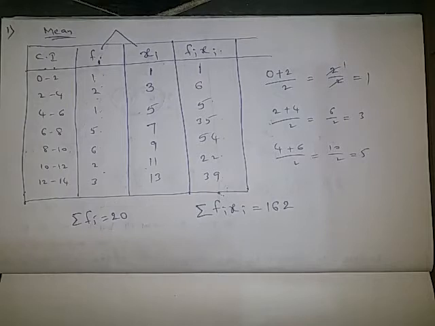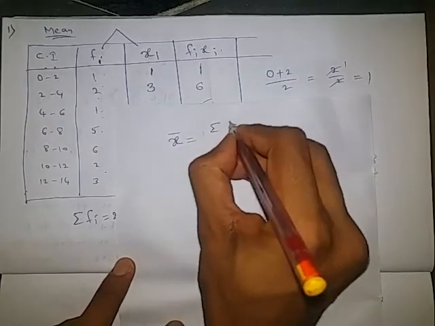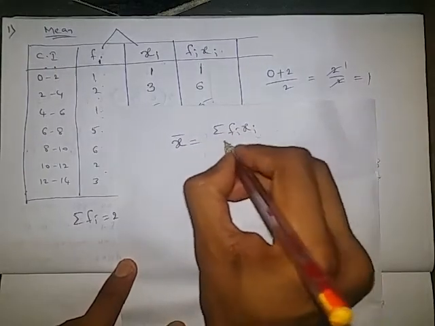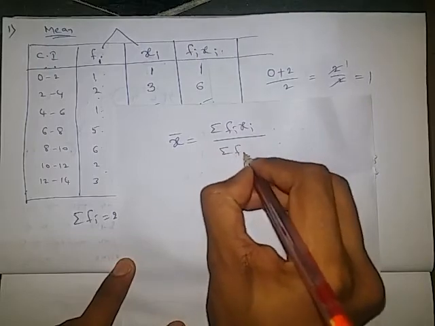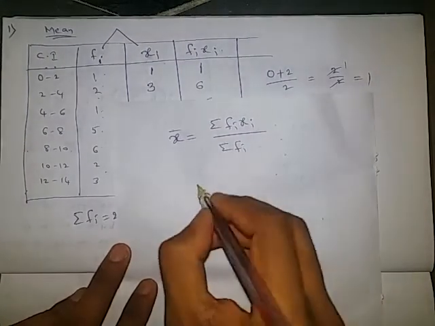So we need to find the mean of that data now. The mean by the direct method formula is x bar equals sigma fi xi divided by sigma fi. Here x bar is nothing but the mean.